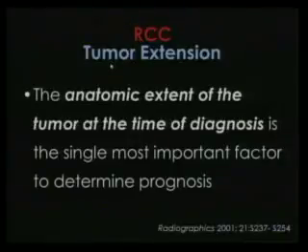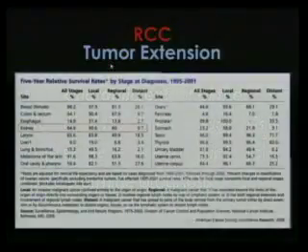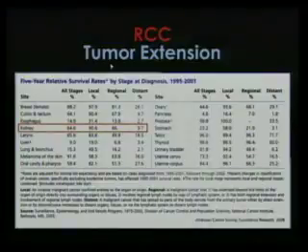Let's see some examples. The tumor extension is the most important factor to determine prognosis at the time of diagnosis. And look at this, from the American Cancer Society. You can see different types of malignancies, but for the kidney, look at the difference between local staging or local extension and distant disease.